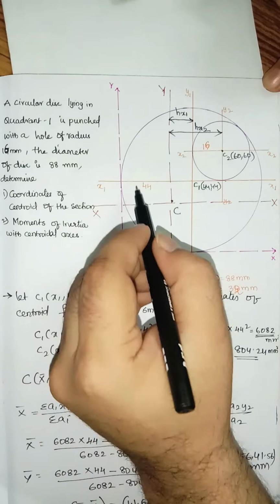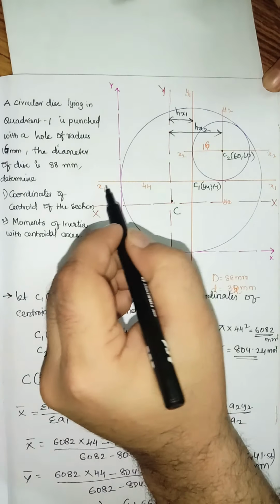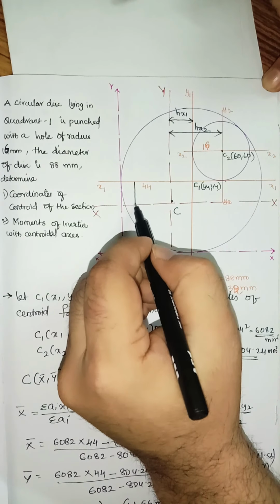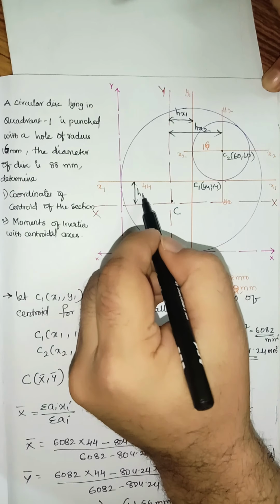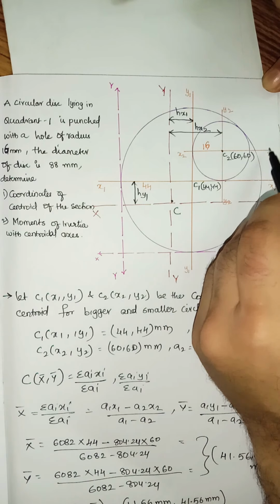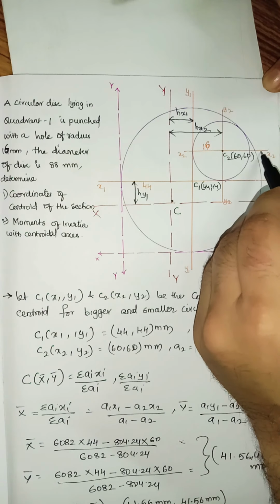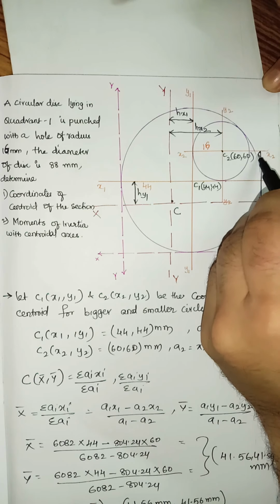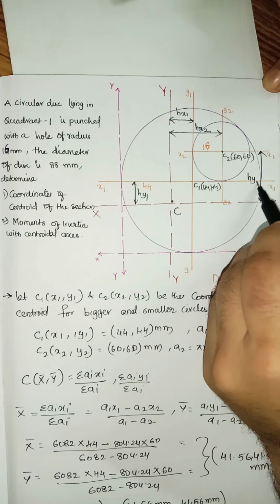Now similarly, capital X bar and X bar as well as X1 and X1, the distance between these two axes can be taken as hy1, whereas we have the X2 and X2 axis here, capital X and X axis here, the distance between these two axes can be taken as hy2.